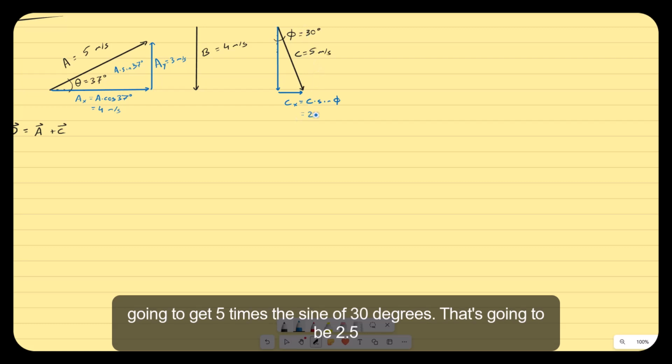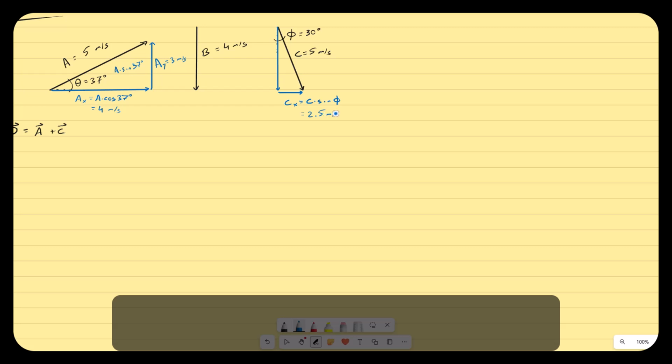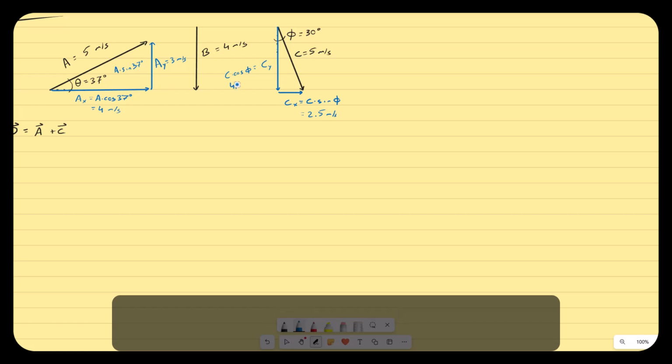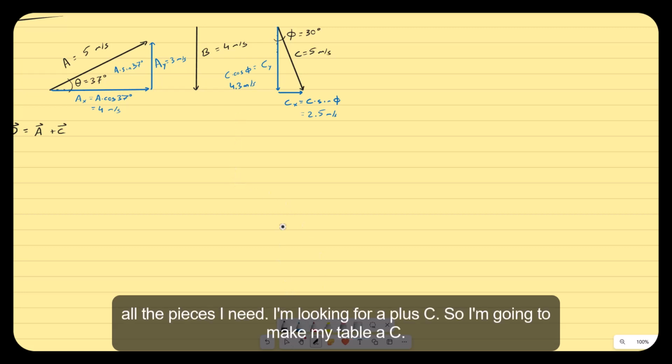That's going to give me 2.5 meters per second. CY, I'm going to get a C times the cosine of phi here. And so I need to plug those numbers in, and I get 4.3 meters per second. So I have all the pieces I need.